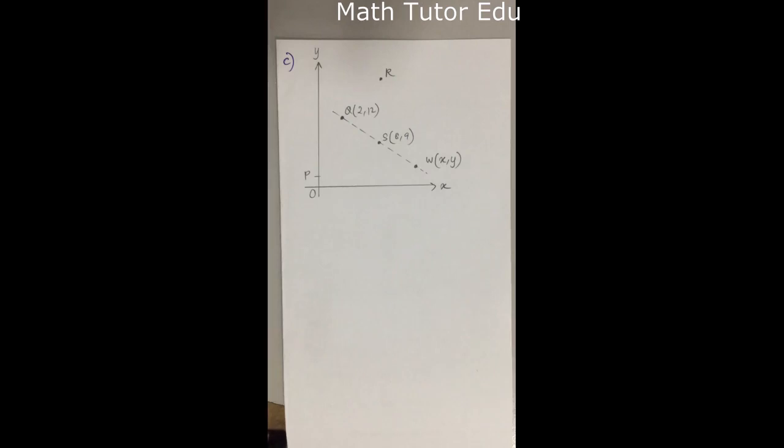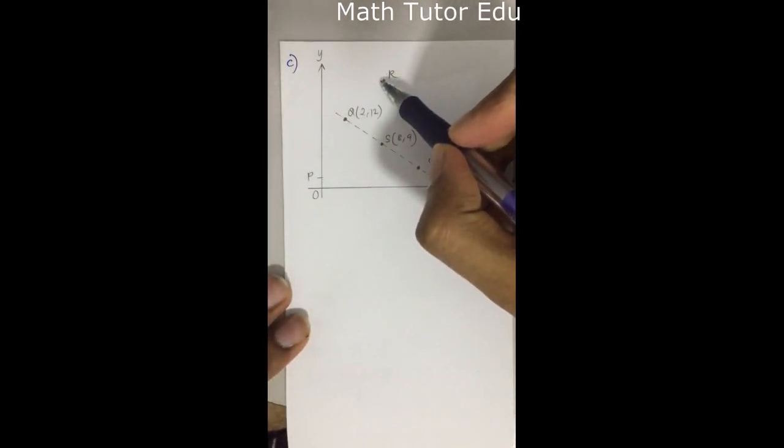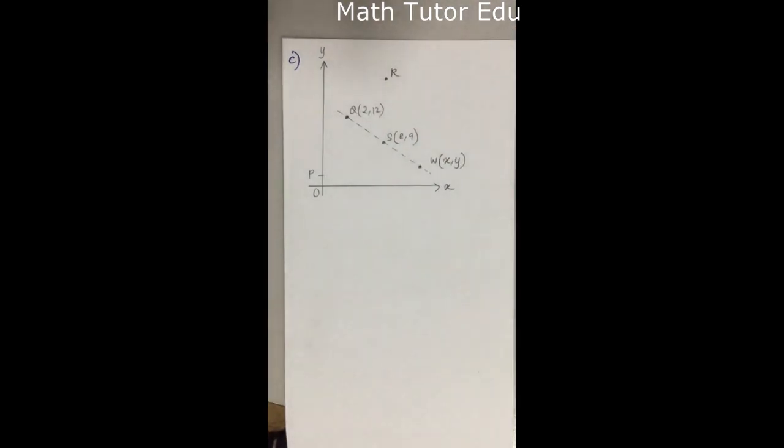The first step is you need to know what the locus W is. The locus W moves such that the distance from point P and point R is the same. That means this locus W is actually a perpendicular bisector.